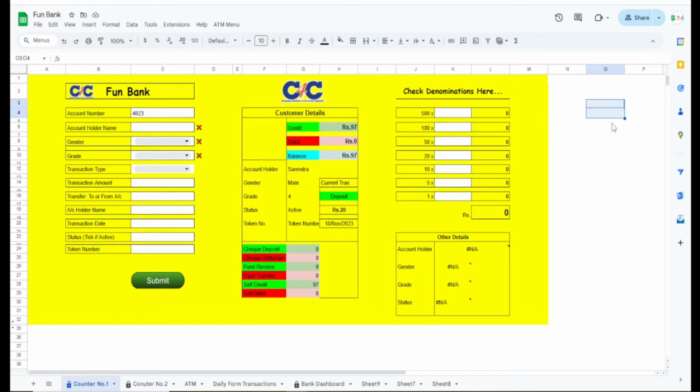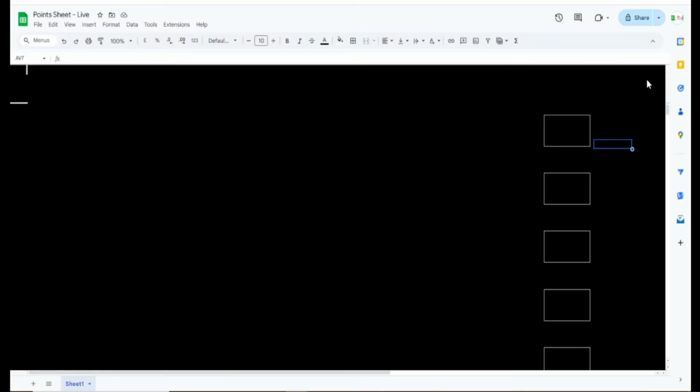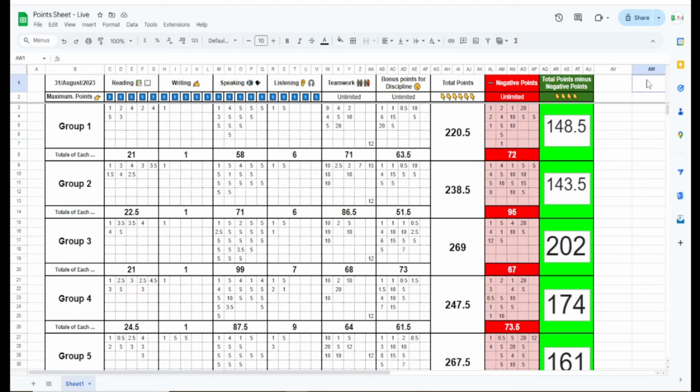To begin with, let's look at the sheet which I have created for class 4. It's called the points sheet.